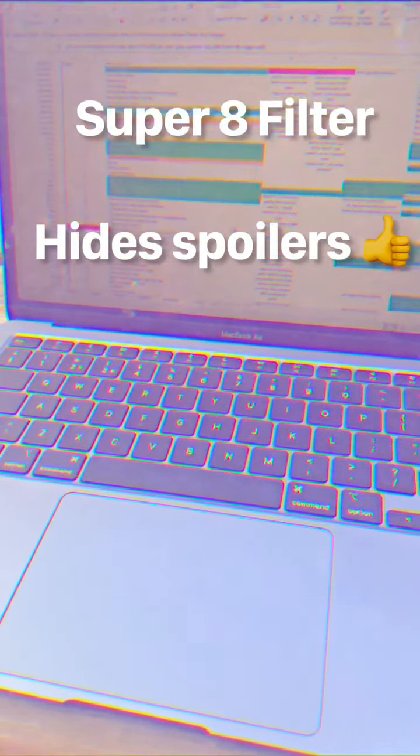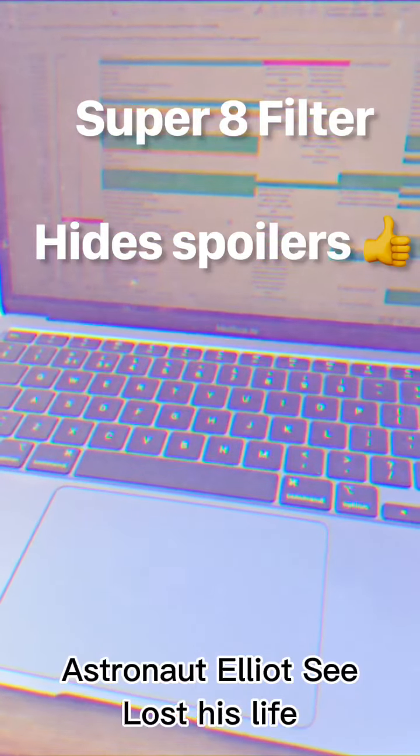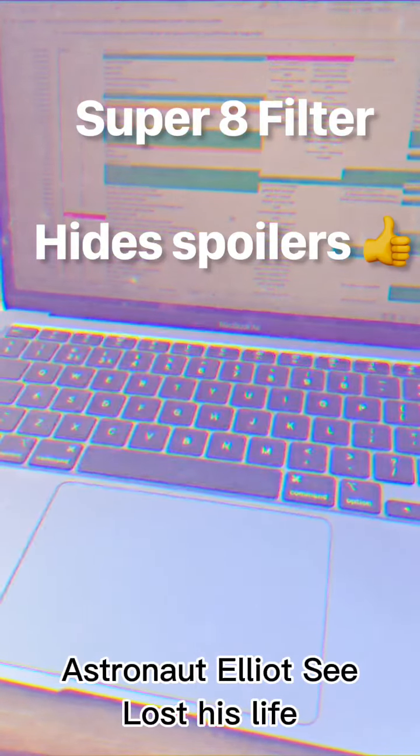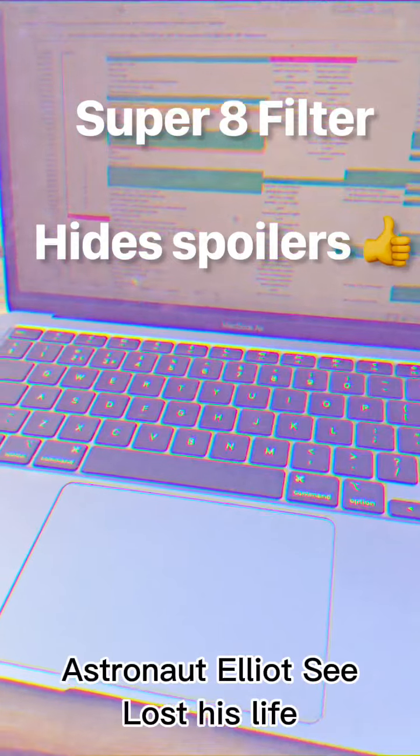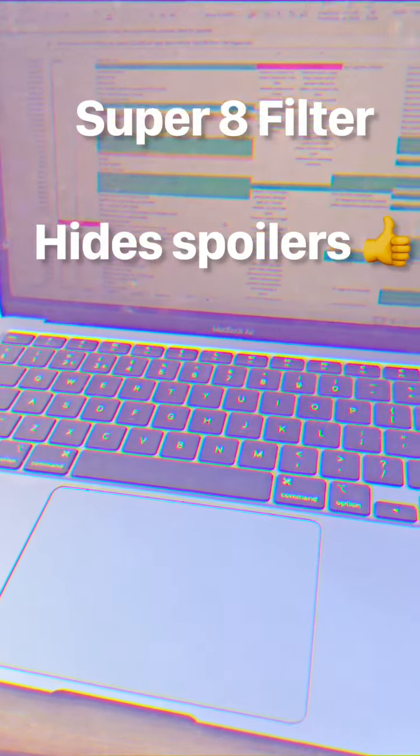In the 1960s, NASA astronaut Elliot See was said to have lost his concentration and lost his life in a flying accident because he lost his position on a roster. So that's really helpful to see how the story's moving for the protagonist and other characters as well.